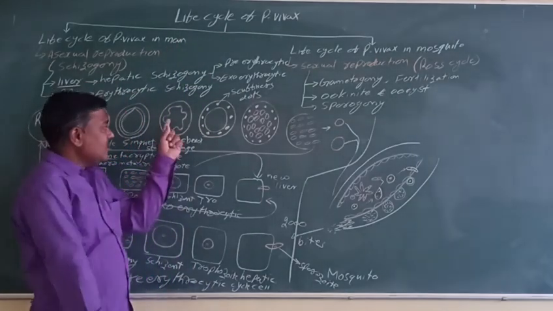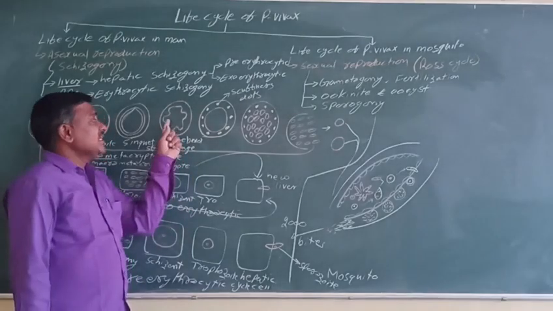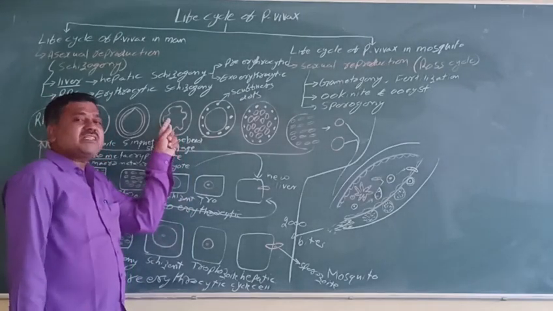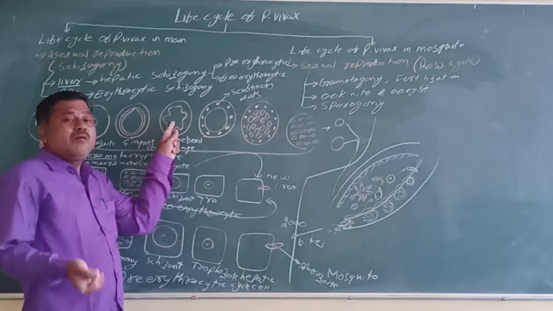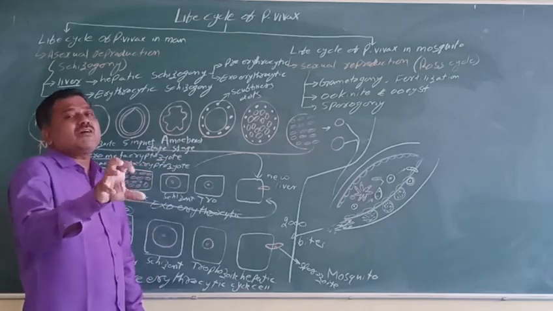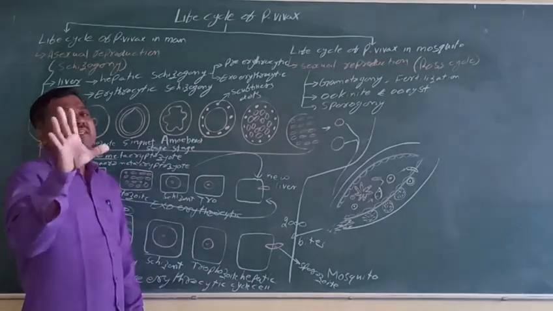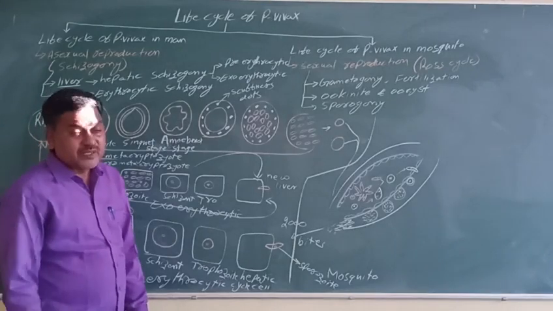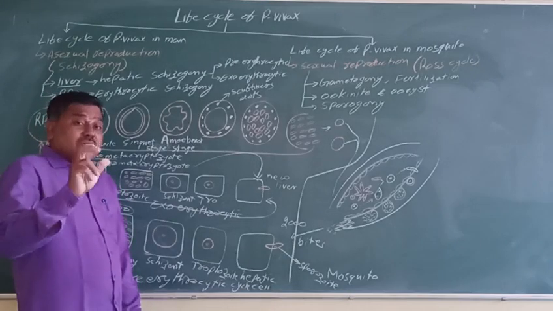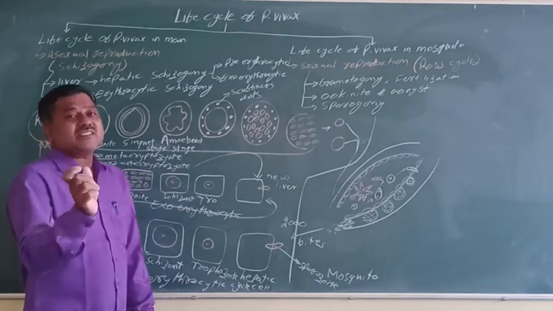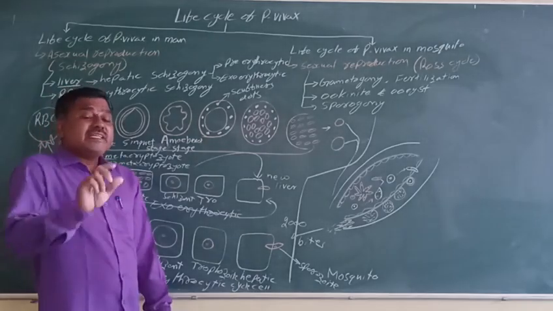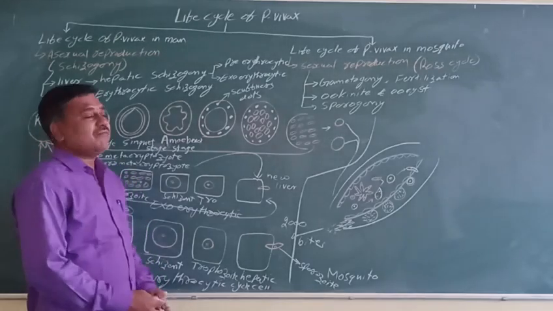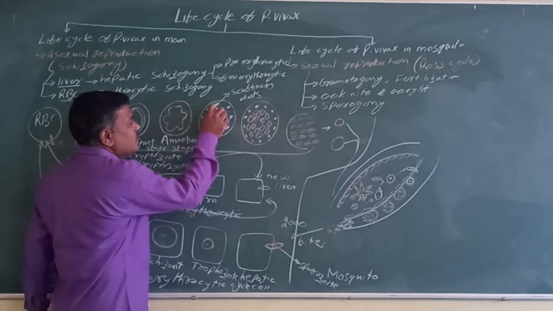What I told? In the amoeboid stage there is development of pseudopodia. Plasmodium vivax absorbs the hemoglobin present in the RBC. The heme group, as it is in soluble form, is converted into crystalline form and released outside.